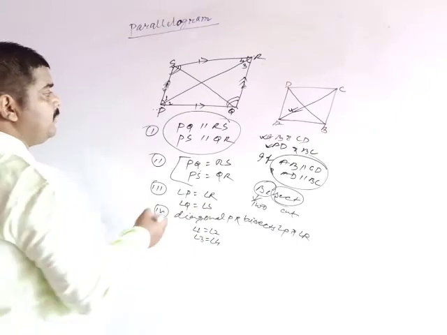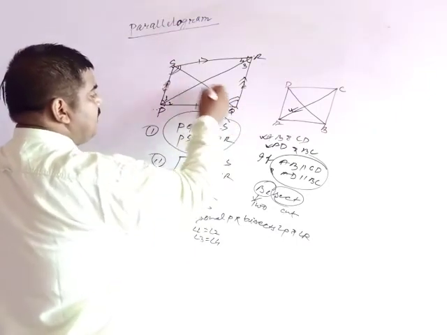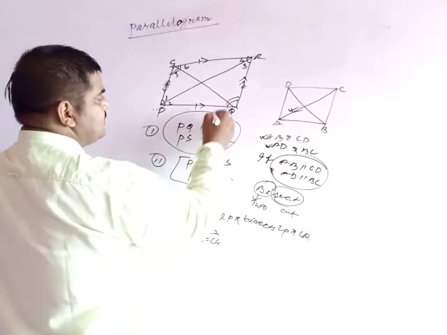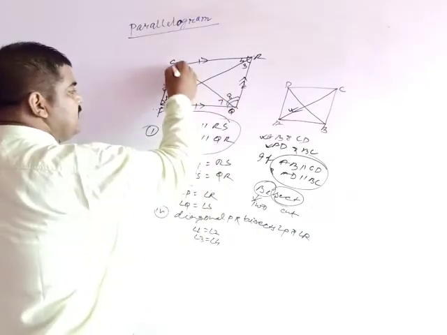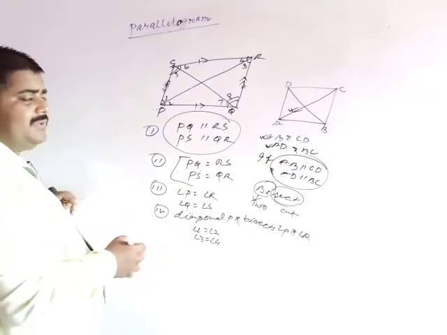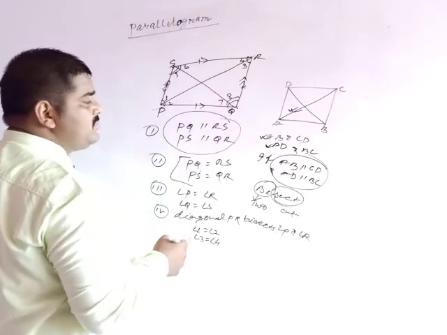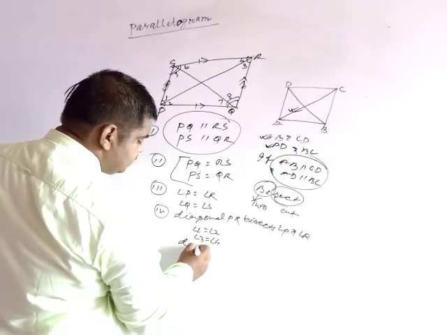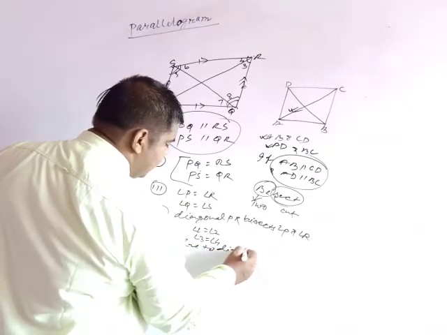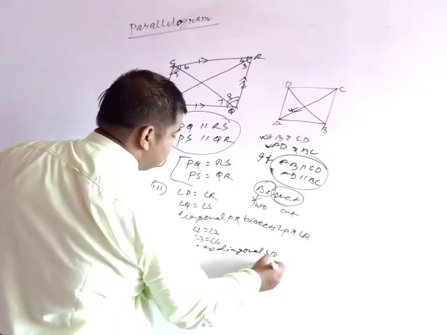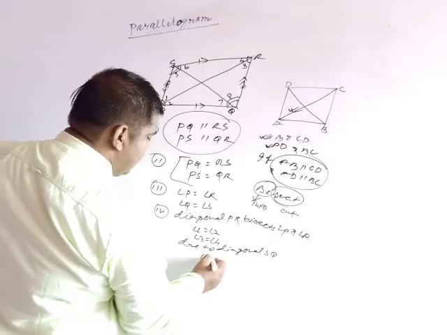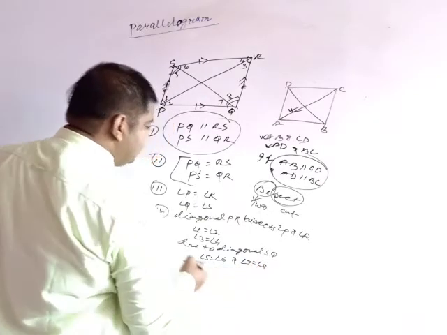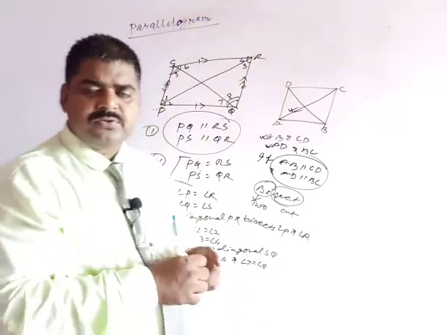Similarly for the other diagonal SQ, you can write that angle 5 is equal to angle 6 and angle 7 is equal to angle 8, because SQ also divides angles S and Q into two equal parts. So these four characteristics you have to memorize.